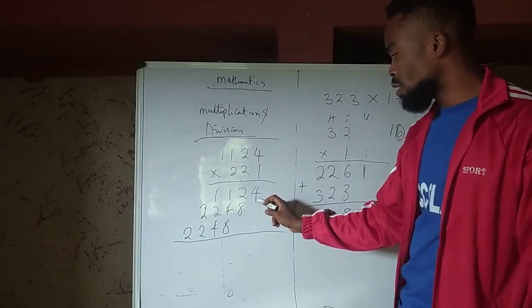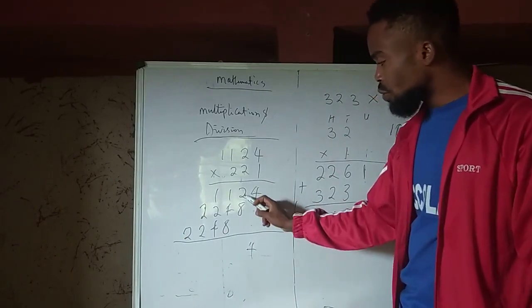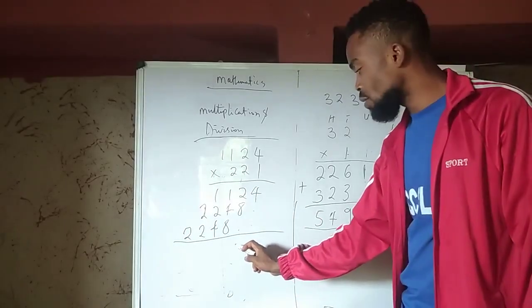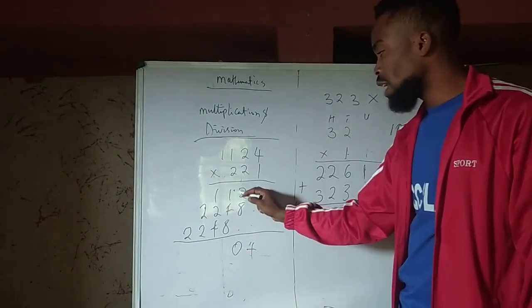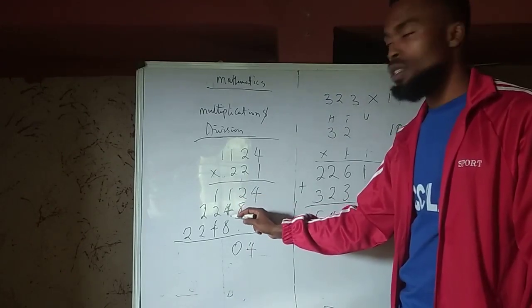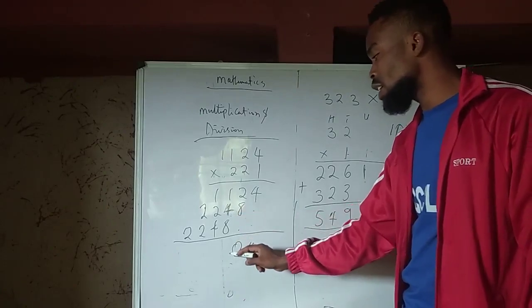So I'll add. This is 4 plus nothing, which is 4. 2 plus 8 plus nothing is 10. Right? So I'll write 0 and I'll take 1, add it to this to become 2. 2 plus 4, 6 plus 8 is 14.